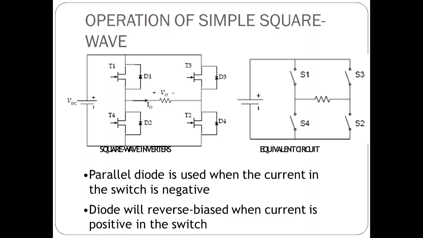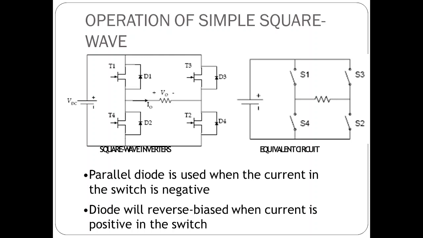The parallel diode is used when the current in the switch is negative. Here the parallel diode is used along with the switches T1, T2, T3 and T4, so the parallel diode is used when the current in the switch is negative, and the diode will be reverse biased when the current in the switch is positive.